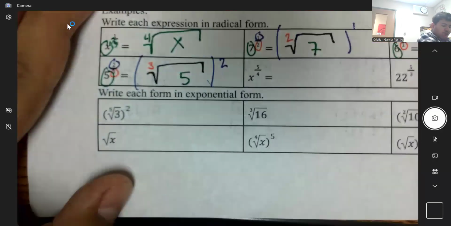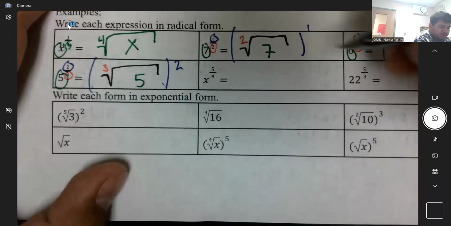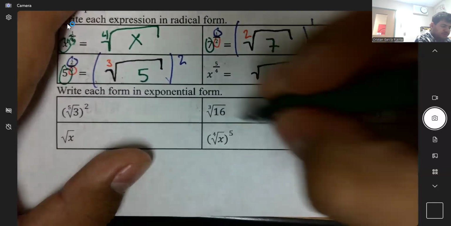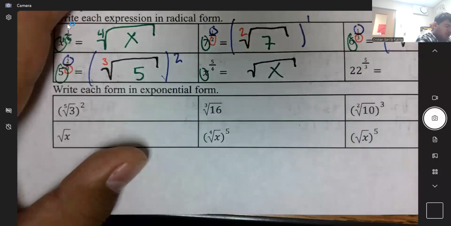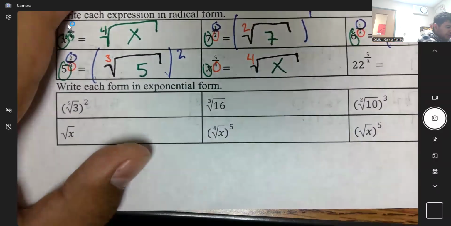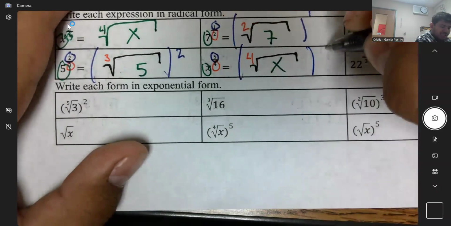All right, so again, same thing. First thing, make your radical. Green is what you're putting on the inside. The bottom number of the fraction is what you're putting as your index. The top number of the fraction is what you're putting the whole thing to as an exponent.